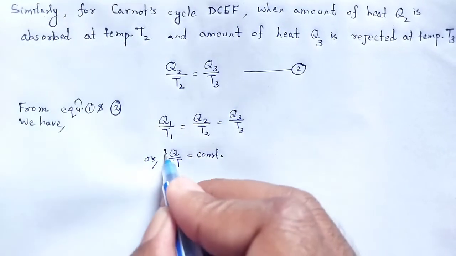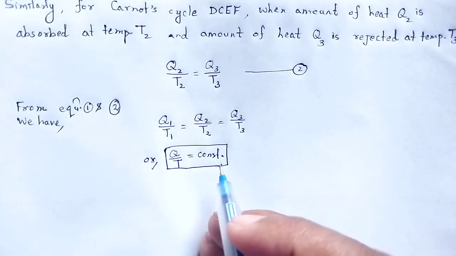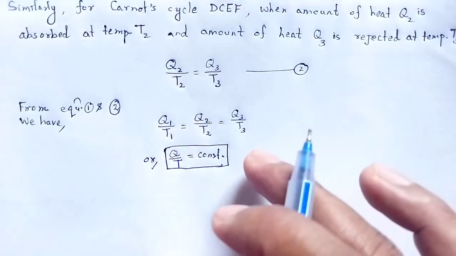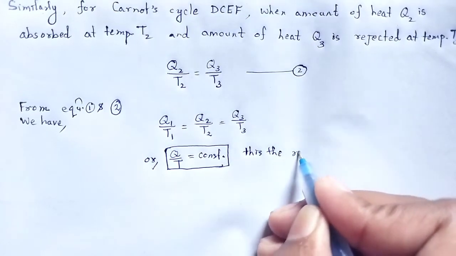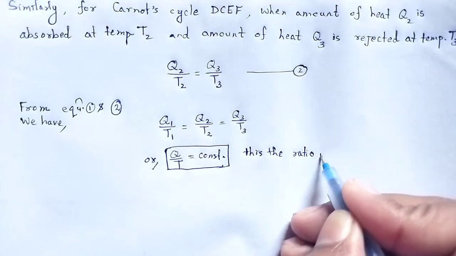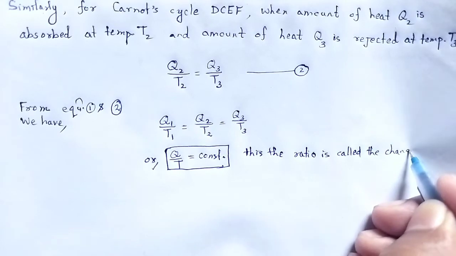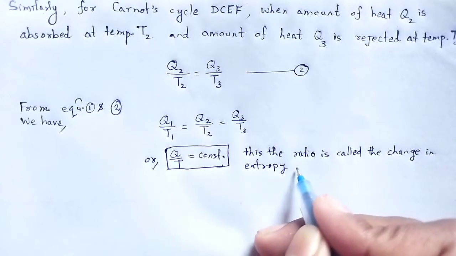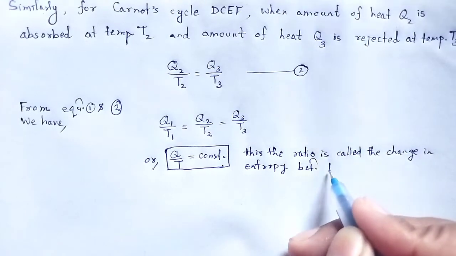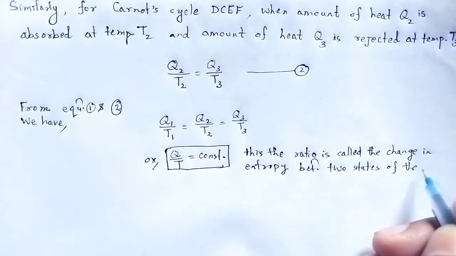Okay. So this ratio is called the change in entropy between the two states of the system.